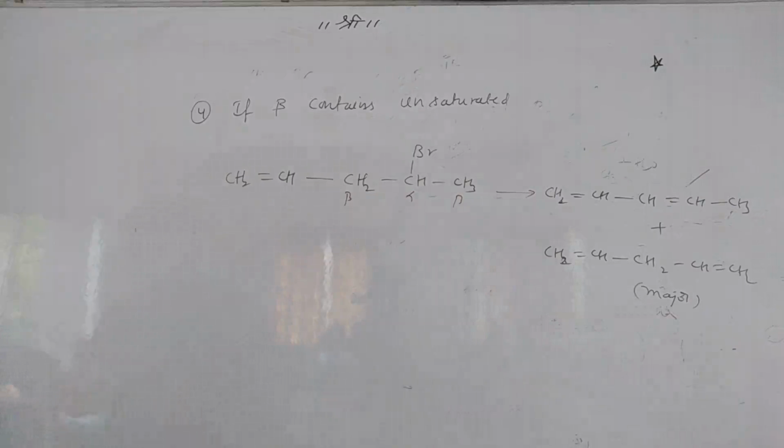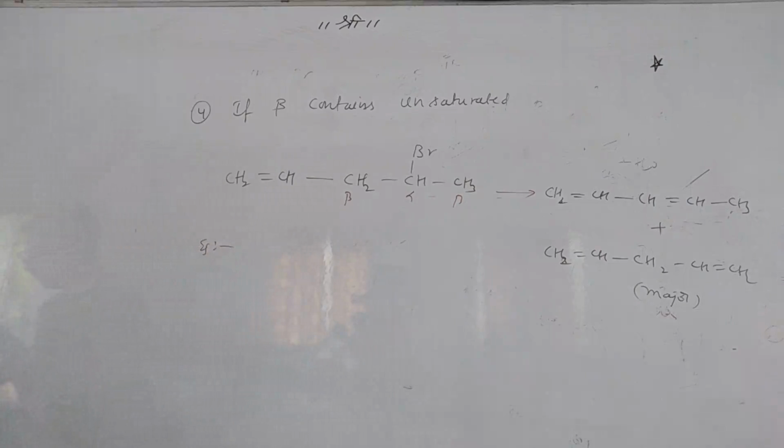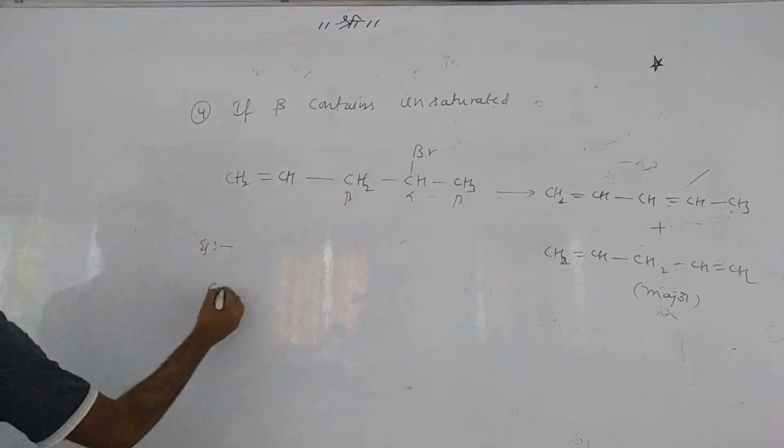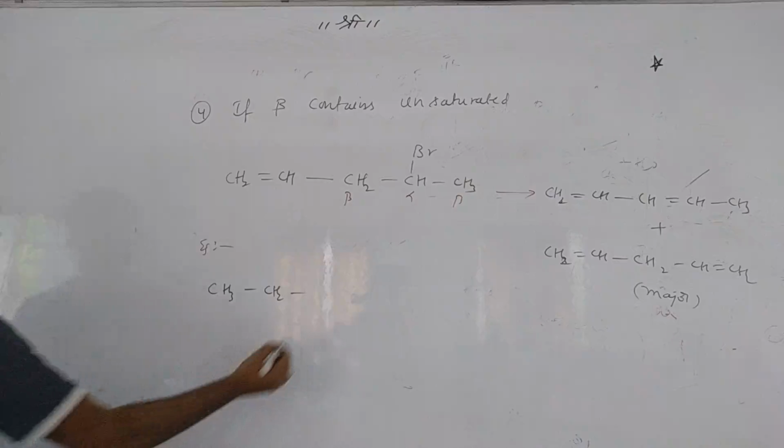Okay. So shall we do one or two questions based on the Hofmann and Saytzeff? So one question I will tell you. This is the example where the Saytzeff elimination favors. One time they asked in the IIT also.